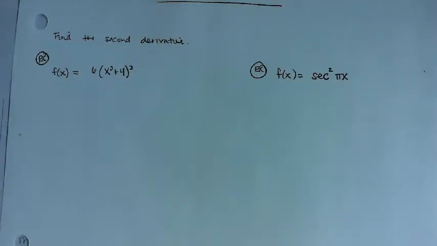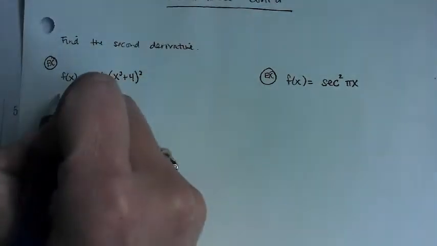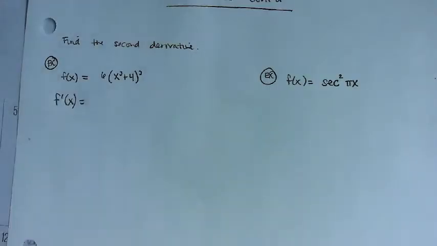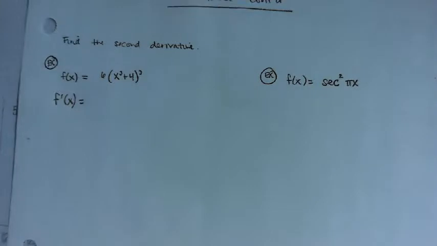So you can't find the second derivative without finding the first derivative. Just practice perfecting the derivative process. Well, no, we will use the second derivative. We'll get into applications of all this.